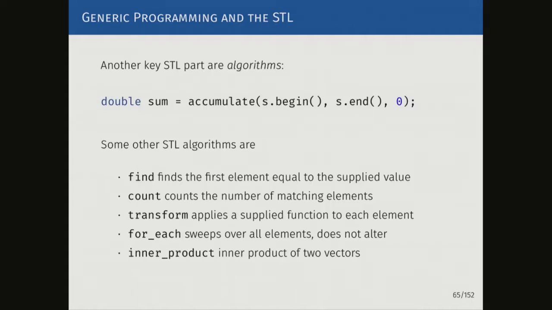So you always get a begin and end iterator, and then you can, with that, call something called accumulate that you initialize as 0, and this would then traverse all the elements from begin to the one before end. That's the convention, and sum them all up. So accumulate is common, as are find, count. Transform sweeps through and applies something for each, inner product and stuff like that.